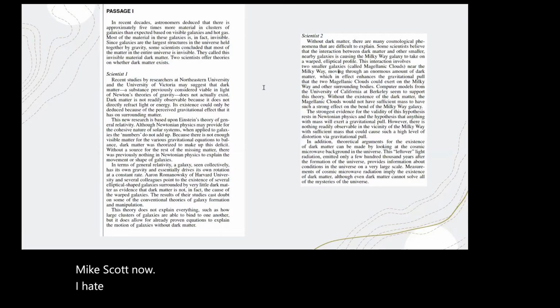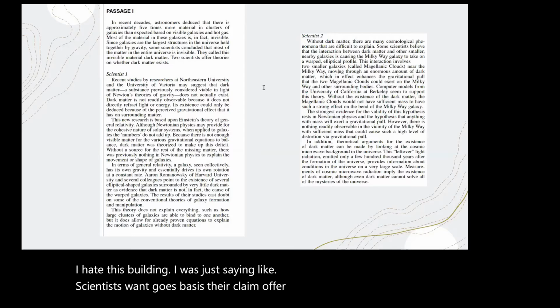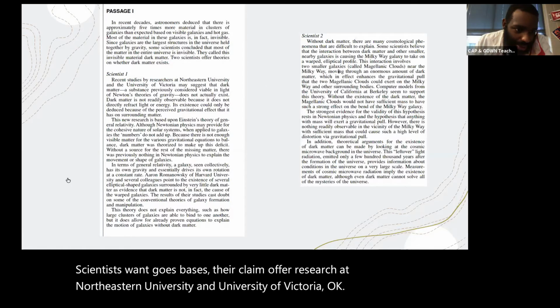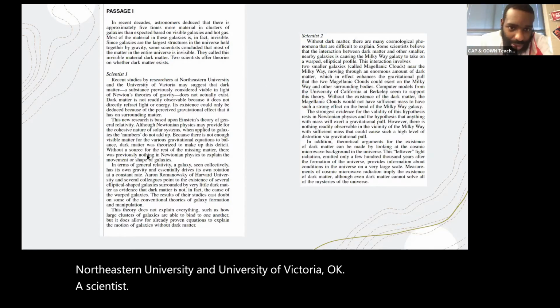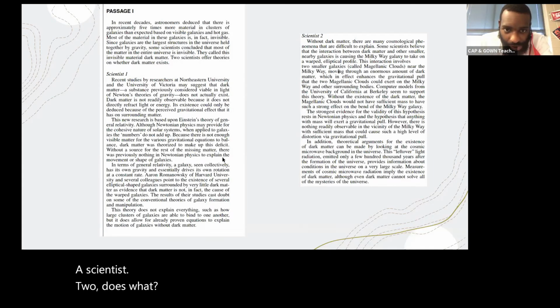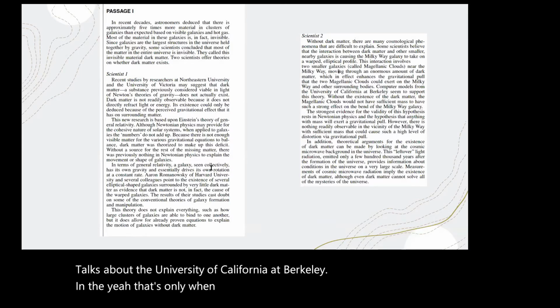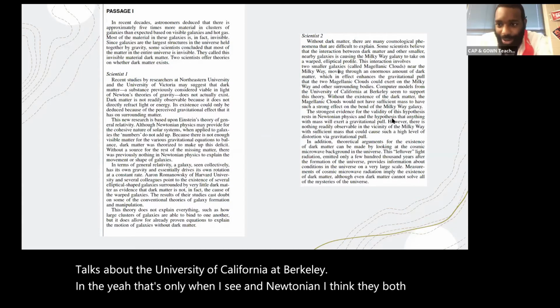I was just saying, Scientist one bases their claim off of research at Northeastern University and University of Victoria. Okay. And Scientist two does what? Talks about the University of California at Berkeley, and that's the only one I see. Oh, and Newtonian. I think they both mentioned Newtonian. There you go. Newtonian. Yes.